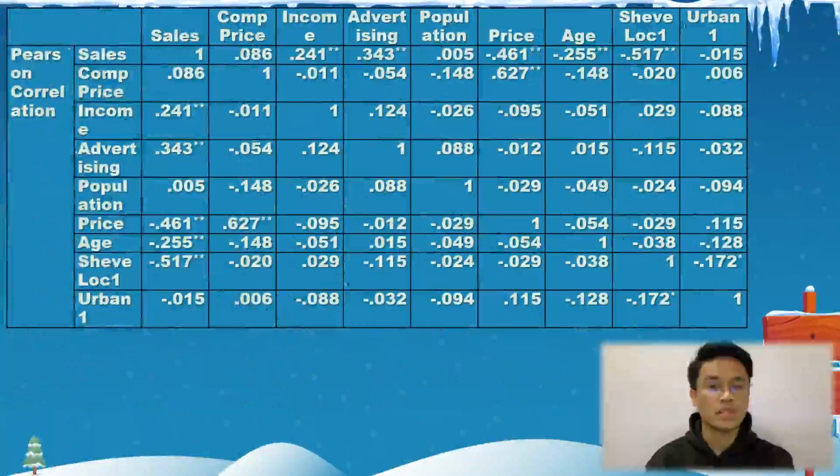For the correlation table, we can see that sales correlate highly with competitor price, income, advertising, and population. And there is no significant correlation between sales with price, age, shelf log, and urban.